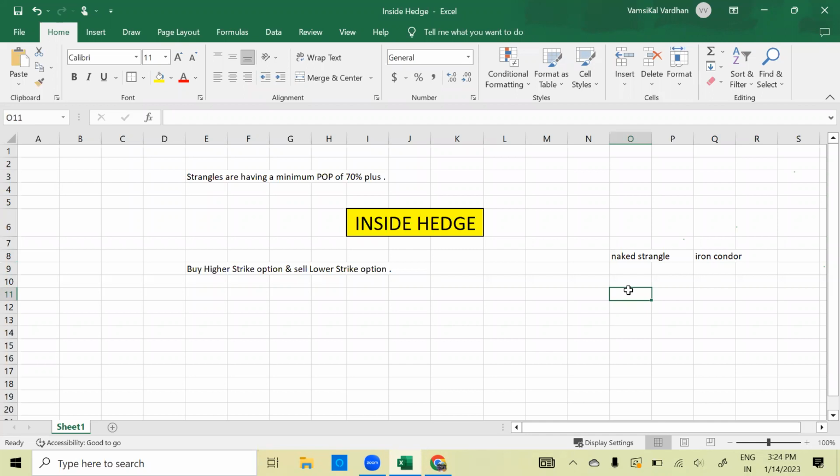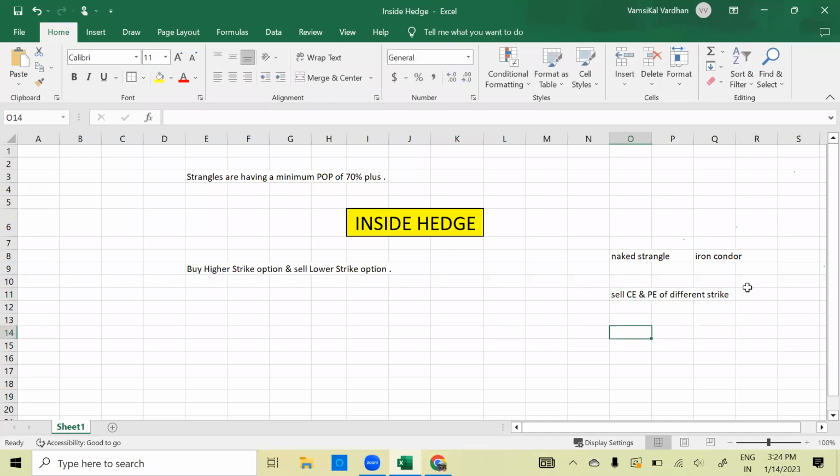So what will be the difference between naked strangle and iron condor? We'll discuss. Naked strangle means sell CE and PE of different strikes. Simple, there is nothing more.